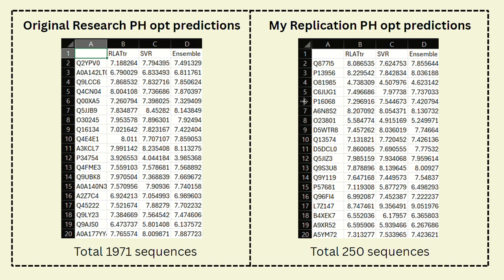The leftmost column shows the UniProt ID of the proteins and enzymes, and the three columns beside it are for those machine learning models which predict the optimum pH. As you can see, the RLAT, the residual light attention, the support vector regression, and then finally the EPHOD, the ensemble one. And if you notice, the ensemble one is roughly the average between the RLAT and the SVR one. So that's a thing to keep in mind.